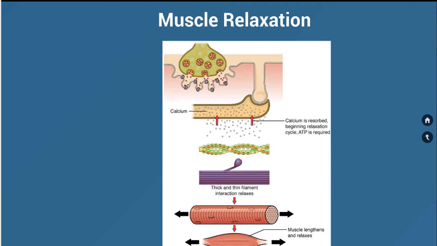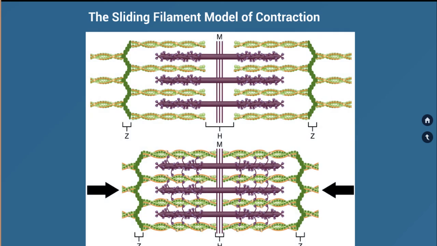As I said, the sliding filament model of contraction, or the microscopic mechanism of muscle contraction. When signaled by a motor neuron, a skeletal muscle fiber contracts as the thin filaments are pulled and then slide past the thick filaments within the fiber sarcomeres.